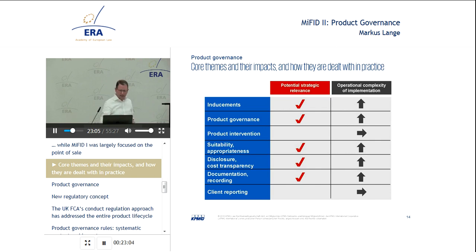Yes, and more or less in a nutshell, or as a quick result, what would I say about the status quo of MiFID II analysis and implementation to date? Here you find again on the left-hand side my favorite topics in the investor protection area, where I have this red mark in the column of potential strategic relevance.